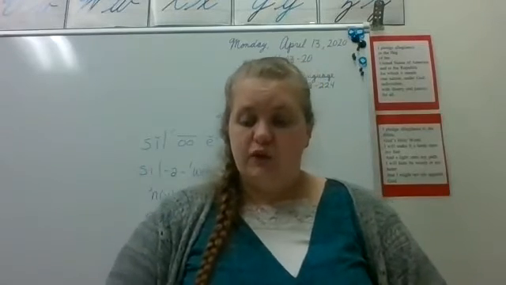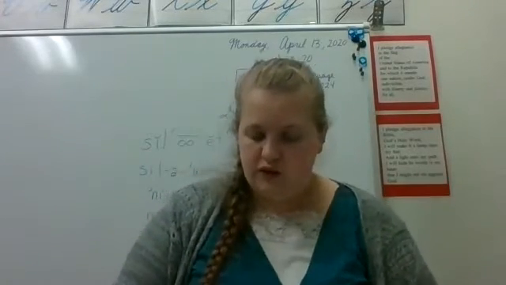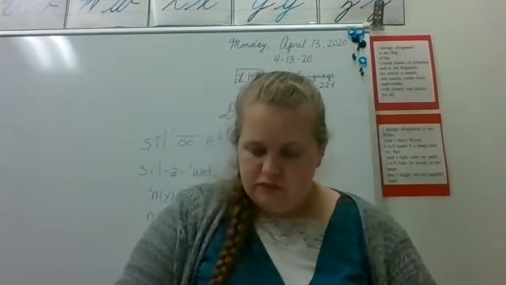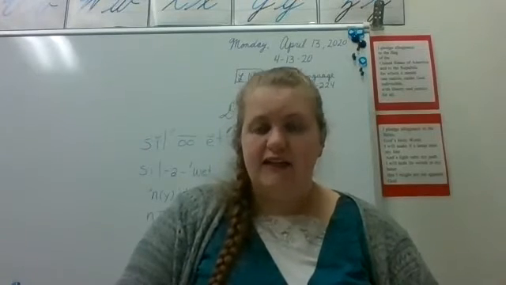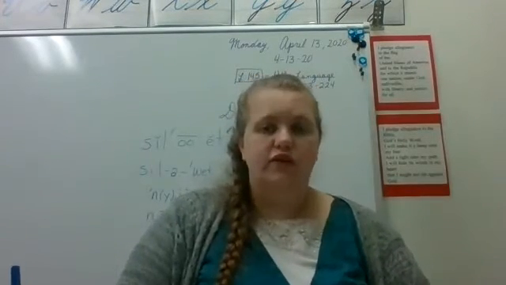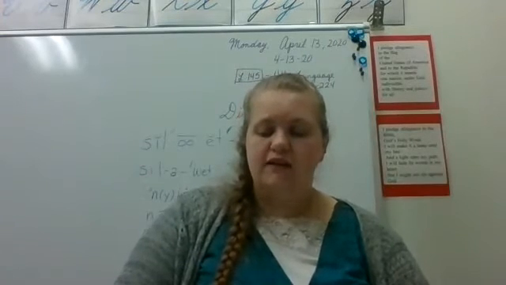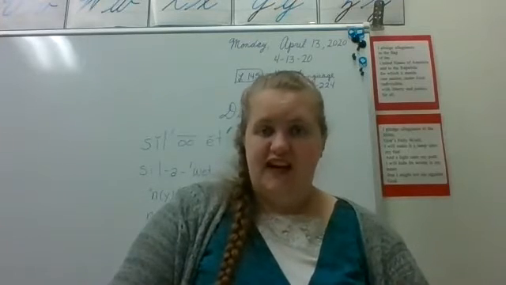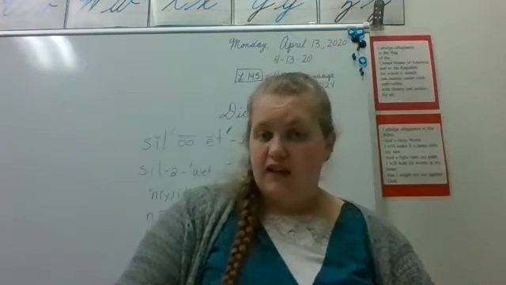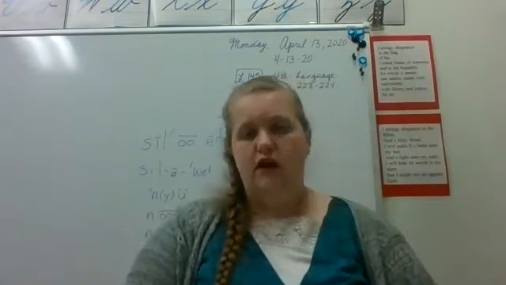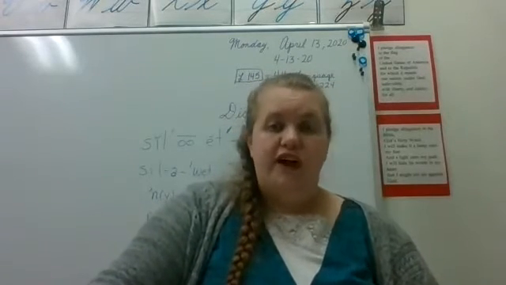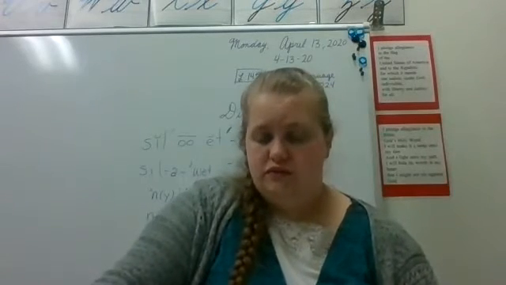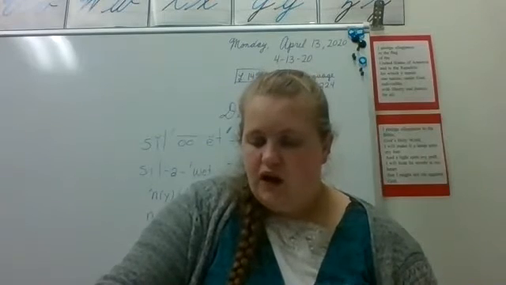So make sure that you do those, and if you cannot find one of your words in the dictionary that I sent home with you guys, and you're curious and you decide that you want to look up one of the odd or even, and you can find one of those, you can trade that out if you can find it in your dictionary, okay?